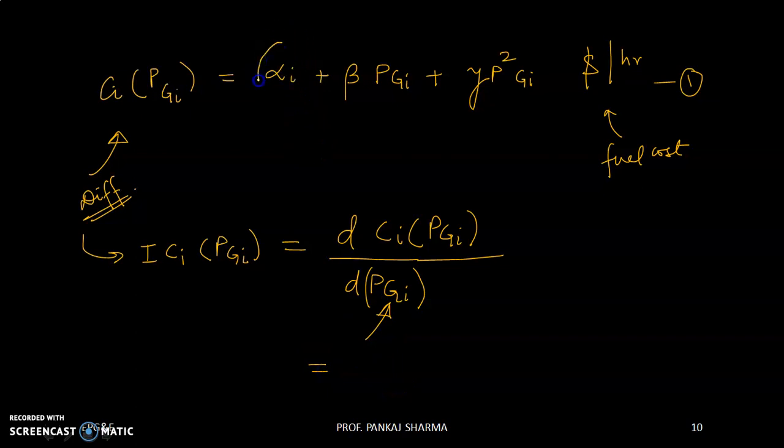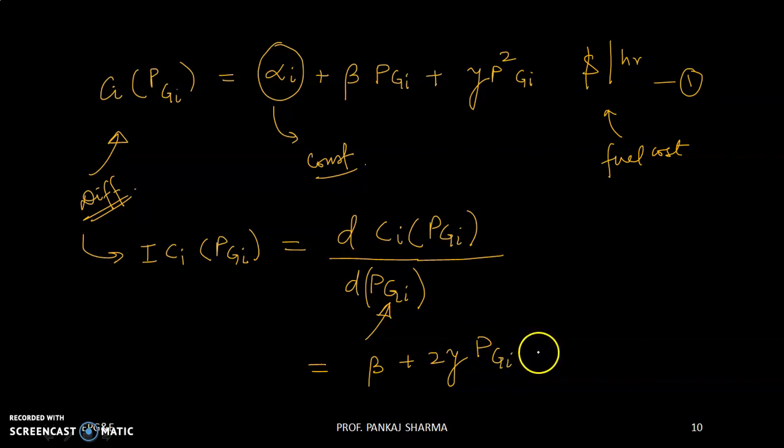This alpha is our constant. We will get beta plus twice gamma PGi, in dollar per megawatt hour.